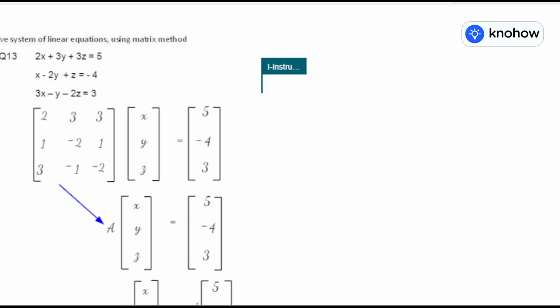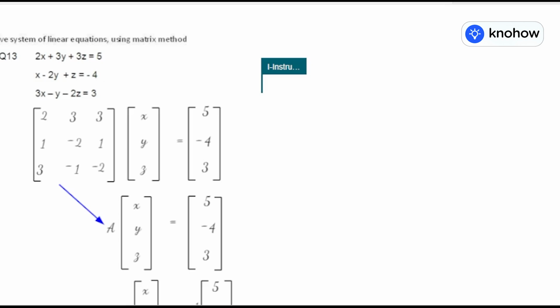And now replacing this value of A inverse in 1, you get x, y, z equal to 1 by 40 times 5, 3, 9, 5, negative 13, 1 and 5, 11, minus 7, multiplied by the constant matrix which happened to be 5, minus 4, 3. And now let us take the product.